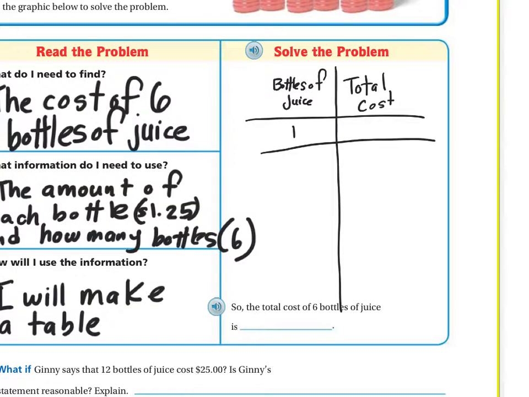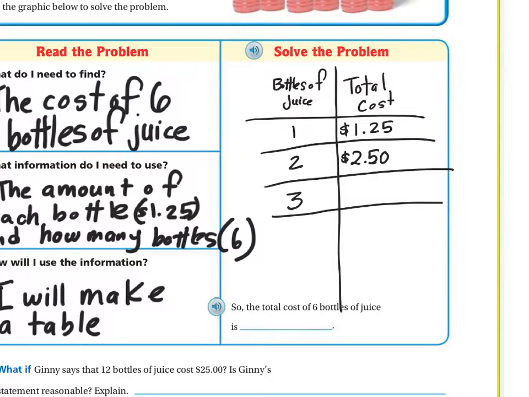So 1 bottle of juice costs $1.25. 2 bottles of juice cost $2.50. 3 bottles of juice cost $3.75. 4 bottles of juice cost $5. So you see what I'm doing right here?